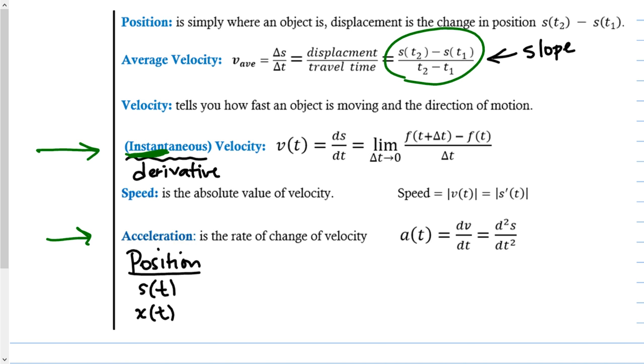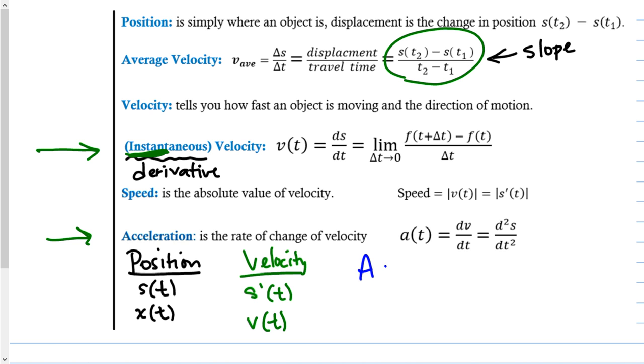So basically, velocity is going to be our first derivative. I'll write it down here. Velocity is going to be the first derivative of position. So it is v of t.